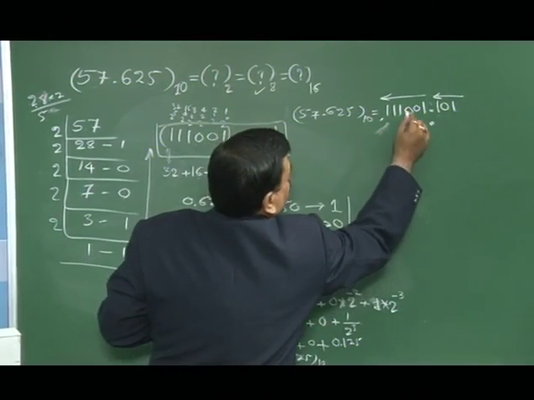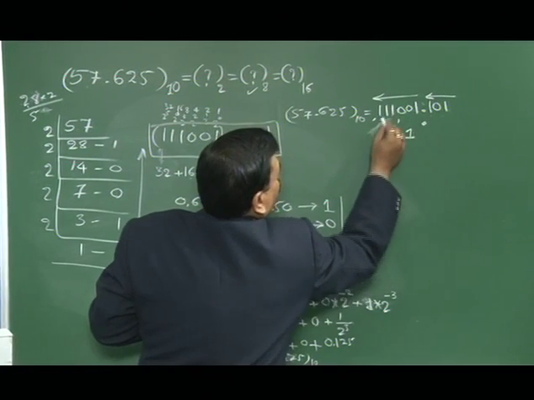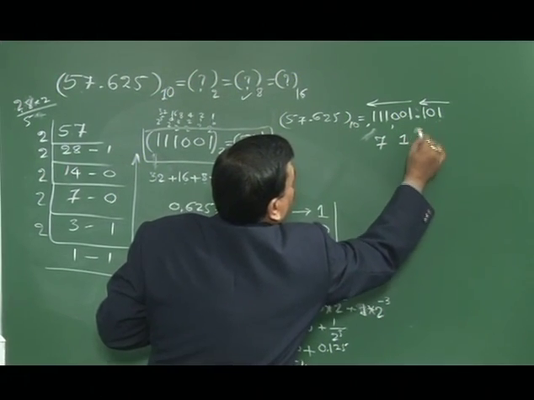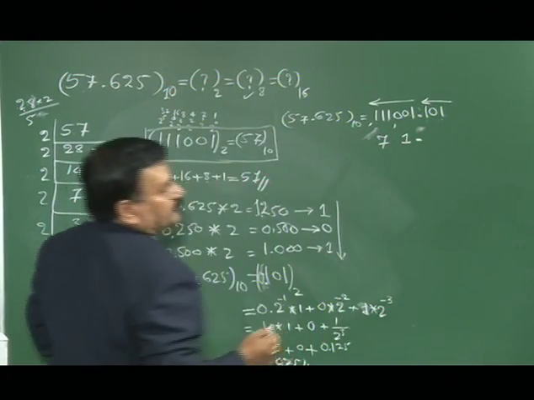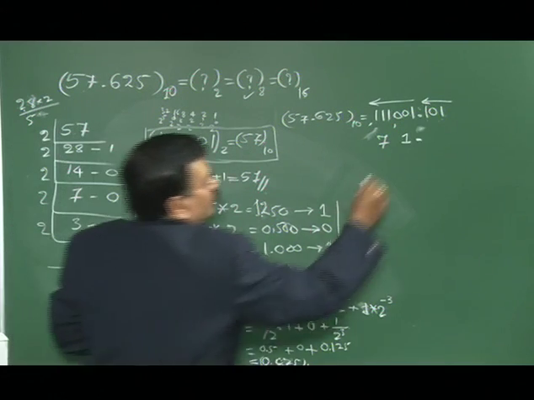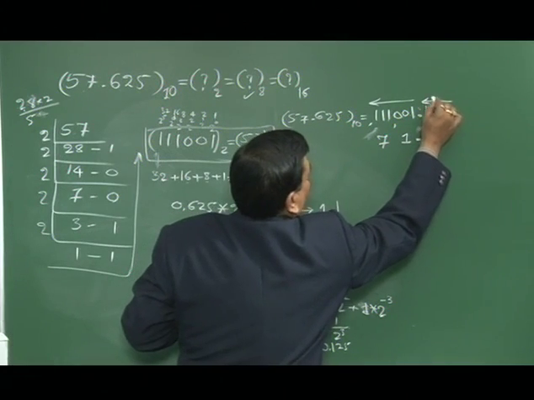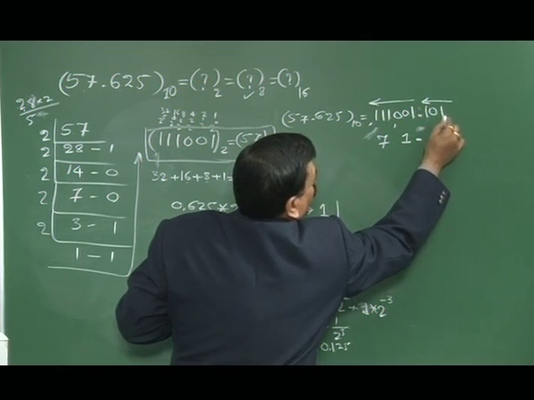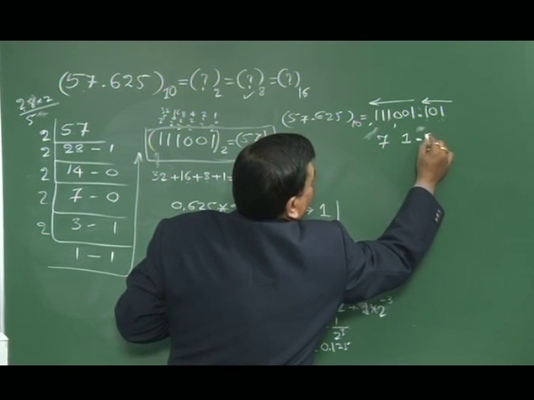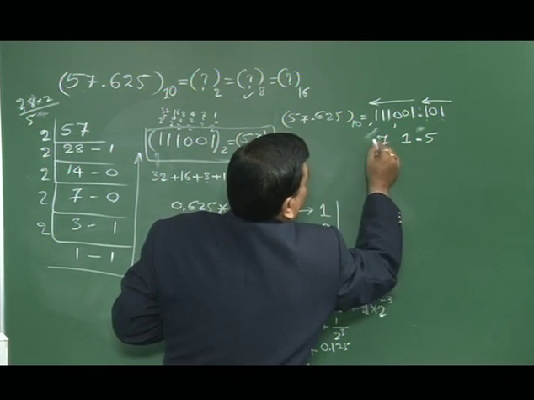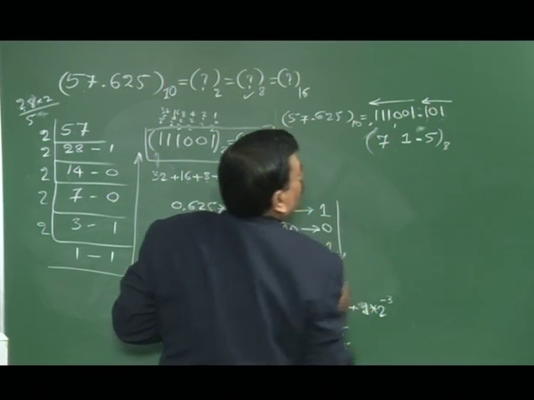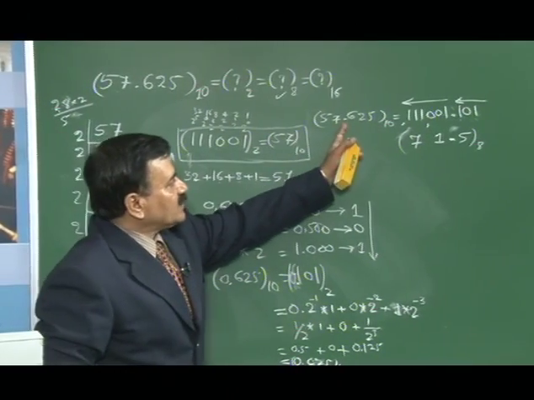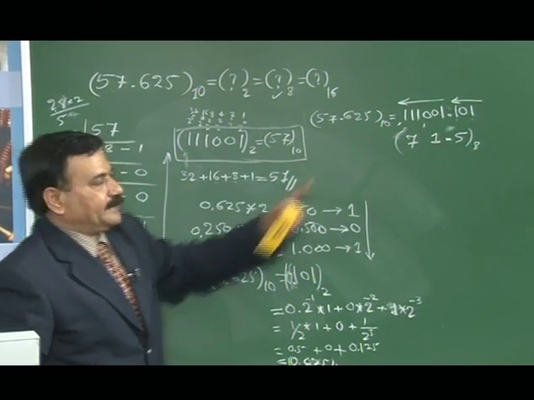So this 001 is 1 and this is equal to 7, and in octal value 101. 101 is nothing but 2 to the power 0, 2 to the power 1 and 2 to the power 2, that is 4 0 1, that is 4 plus 1, this is equal to 5. So the octal number is 71.5 base 8, which is equivalent to 57.625 base 10.